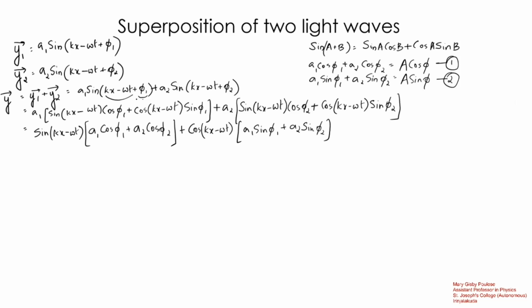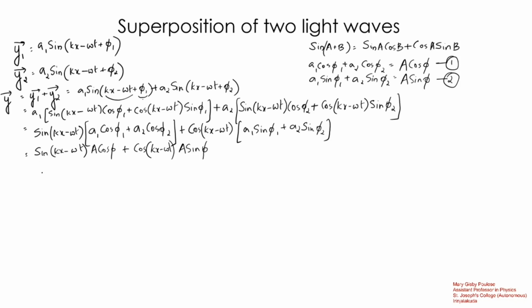Okay. So substituting in these terms, I can write sine of kx minus omega t into A cos phi plus cos of kx minus omega t into A sin phi.